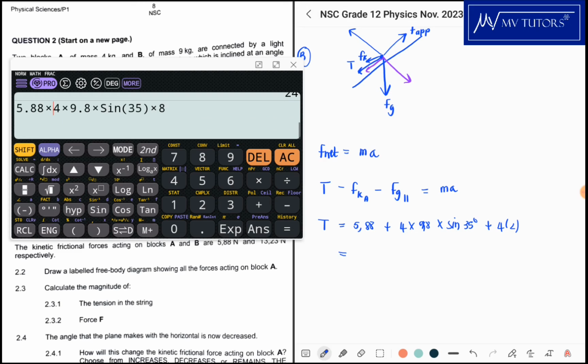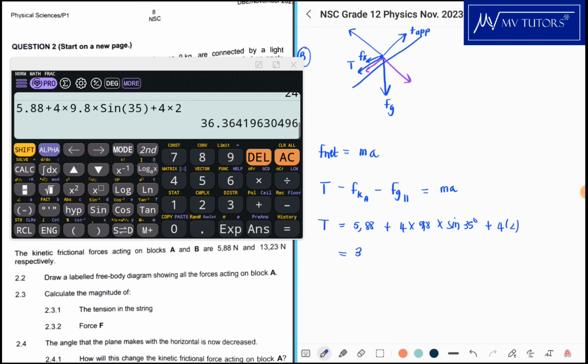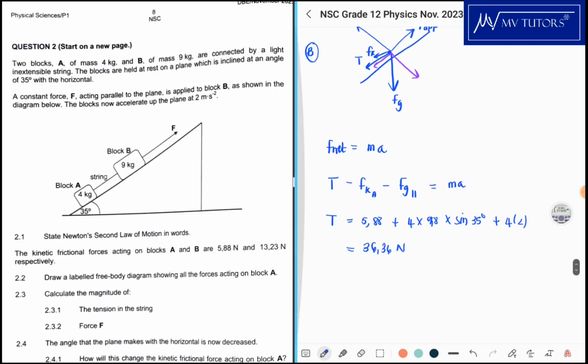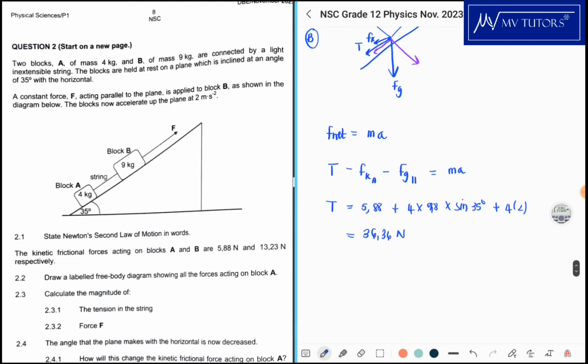Let me redo it. 5,88 plus 4 times 9,8 times sine 35 plus 4 times 2, which is 8. Okay, that looks much better. So the tension in the string is actually 36,36 Newton.